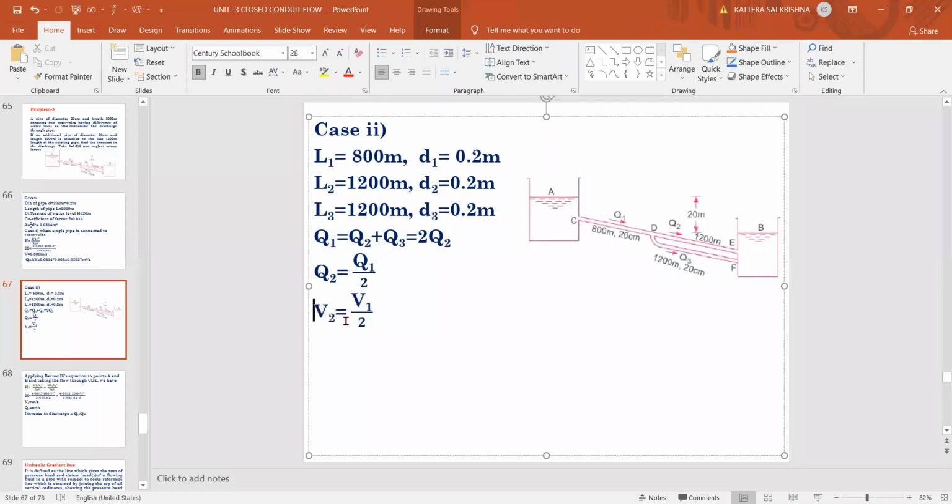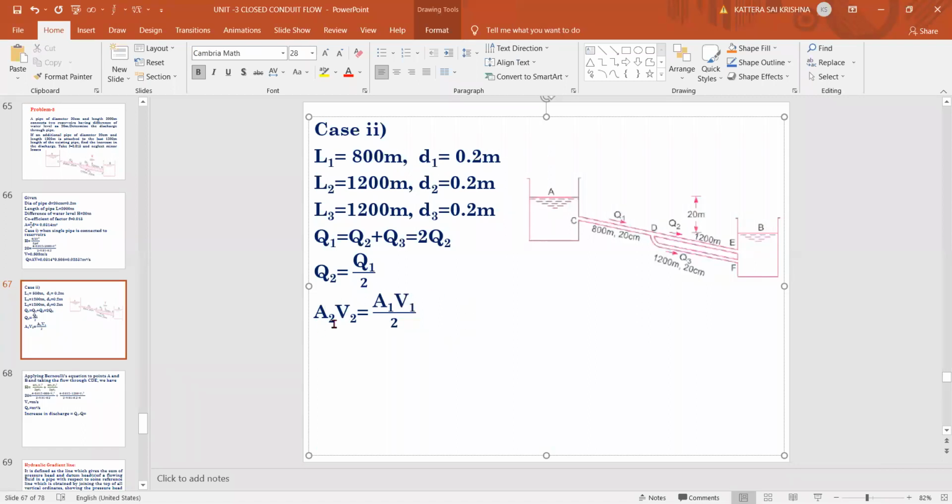Okay, that step if you want, I'll write here. A2 V2 equal to A1 V1 by 2.